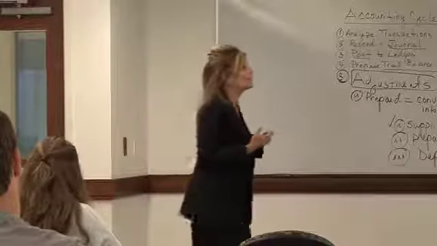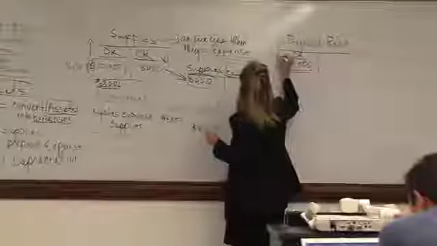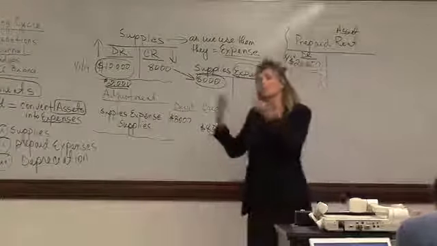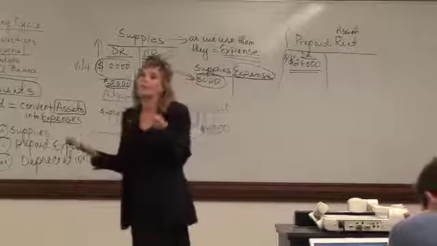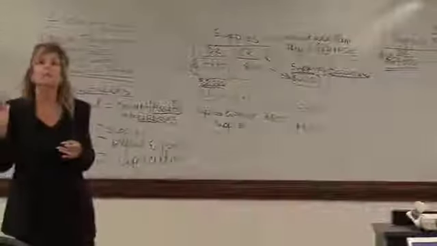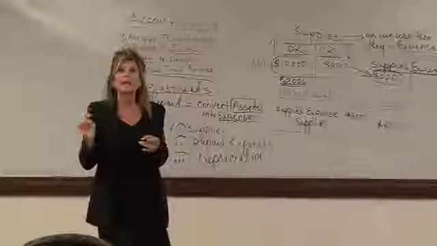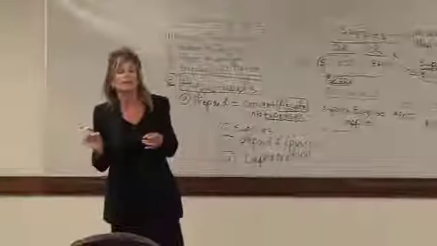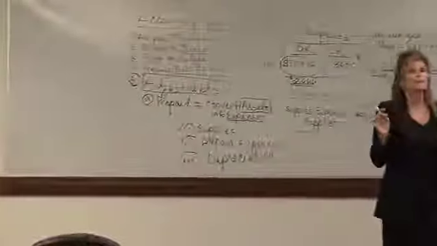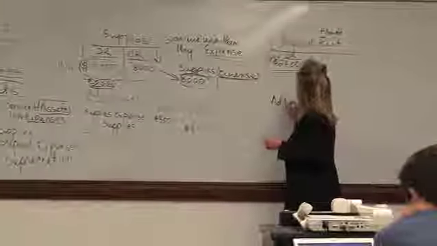So on January 1st, they would record the transaction by debiting prepaid rent, asset, and once again, they're either going to credit cash if they paid for it, which I would assume they did. Every single month, we have to take it out of the asset account called prepaid rent and put it into the expense account called rent expense. And so that would be our adjustment.